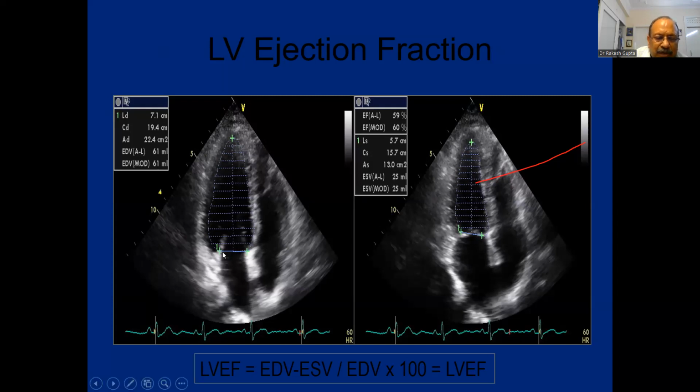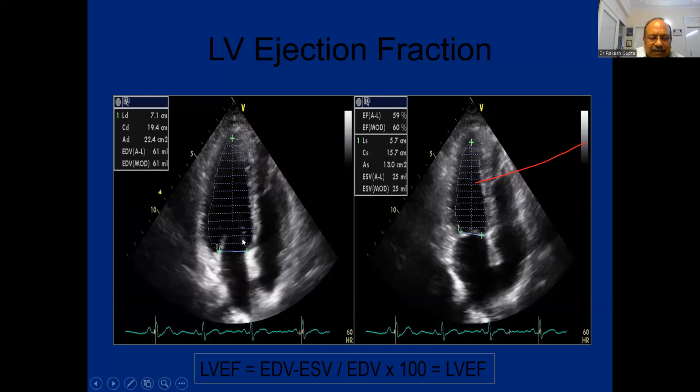You start with one annulus, go to measurement, trace along the black and white interface, go to the apex and again come back to the medial annulus, and then let the joining be done by an automatic system, where it is giving you LV volume during diastole, LV dimensions or LV area during diastole.